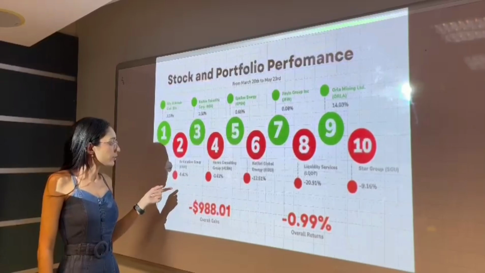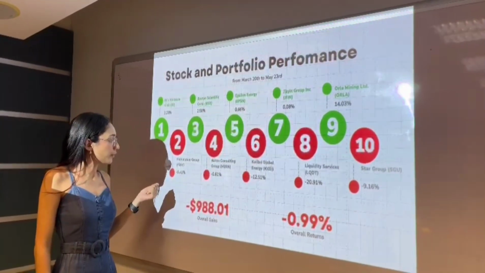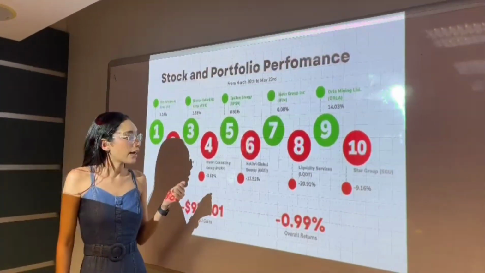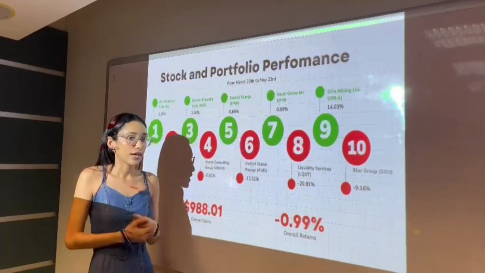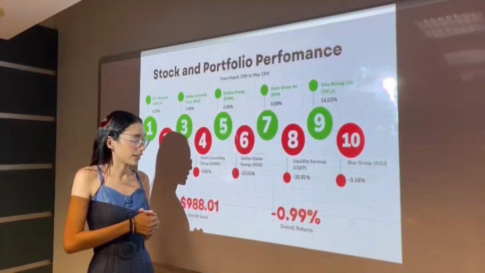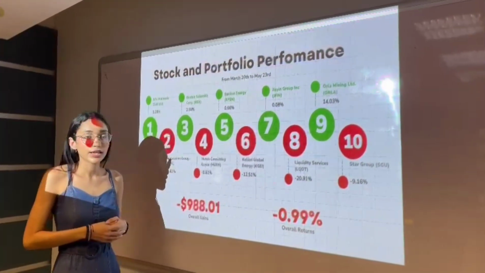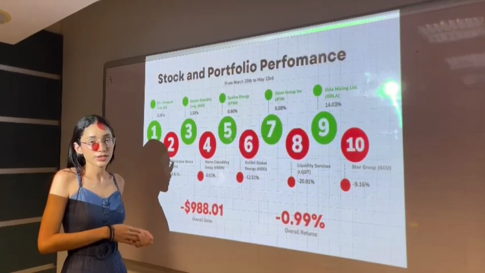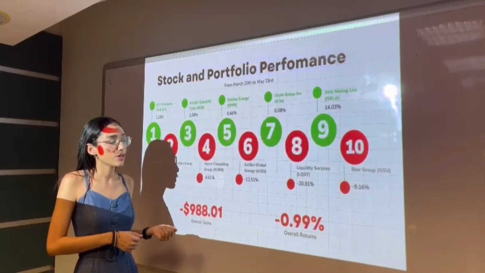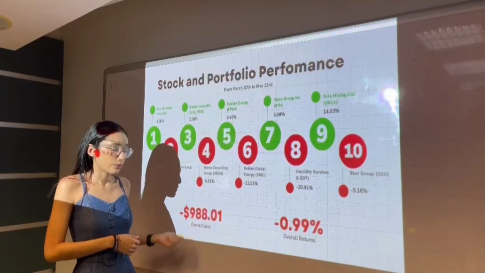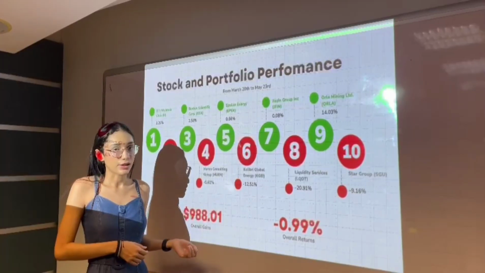We also have Emulsion Group with minus 9.41%, and Colibri Global Energy, which had minus 12% returns. And obviously the negative returns are overriding the positive returns, which contributed to the losses that we registered in the portfolio.